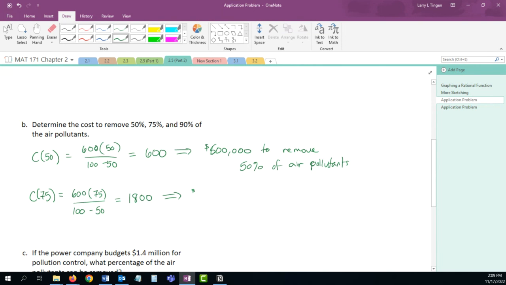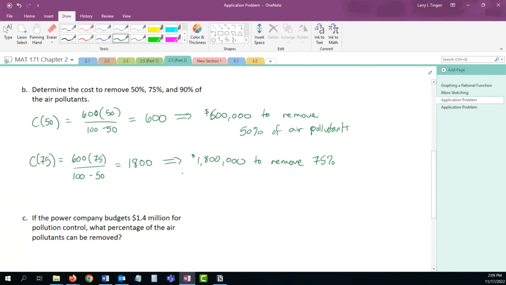So now I've gone from 50 to 75%, and that's $1,800,000, which is 1.8 million, right? Because remember, these are in thousands of dollars. So now to remove 75%, it's going to cost me 1.8 million.